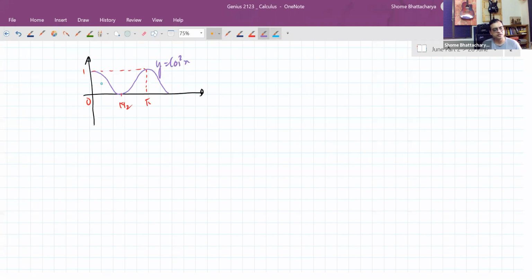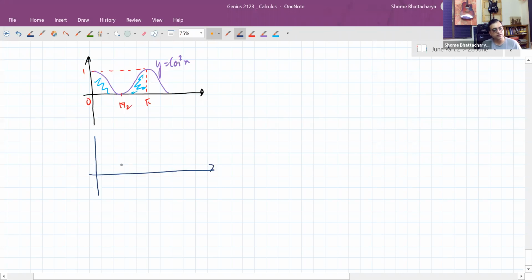So when we calculate this area, interestingly, it will have to come identical to the area for the sine square graph between 0 to pi, because of that symmetry.